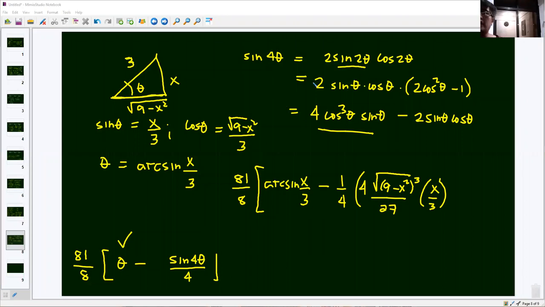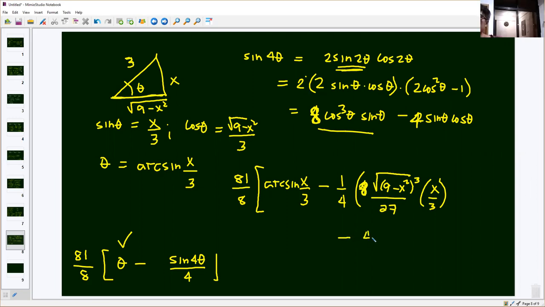May 2 pa pala rito. So, dapat 2 times 2, 4 times 2. This should be 8. 2 times 2, 4. Then that one, this should be 4. Yan. So, this should be 8. Okay, so far.